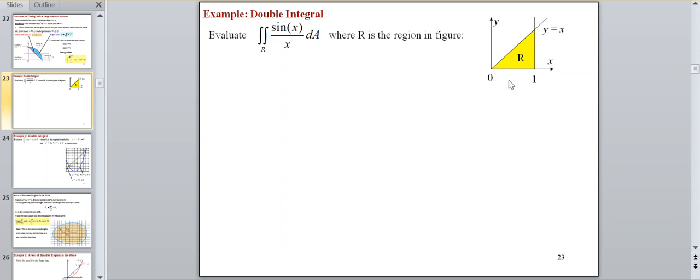One more time, I repeat, we are going to describe the region R in the form of case 1, so accordingly the order of integration will change. So x is from 0 to 1, y is from 0 to x.